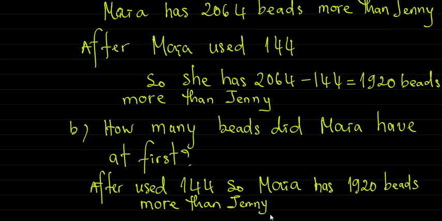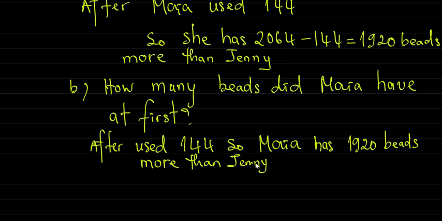And in addition, they say that after using 144, Mia had 5 times as many beads as Jenny. So that means Mia's beads is equal to 5 times Jenny's beads.